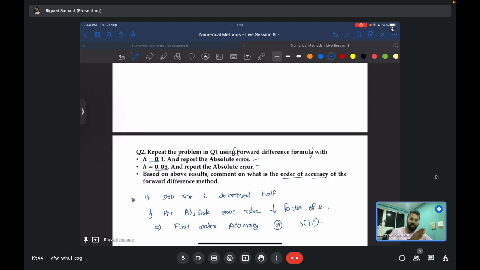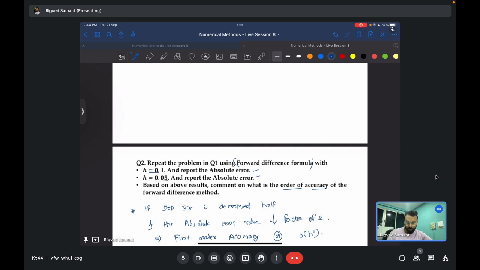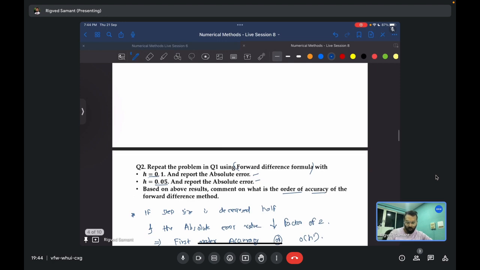If it's reducing by a factor of 4, you will say second order accuracy. If it's reducing by a factor of 8, you will say it's third order accuracy. So that's what he has told you to do. From 0.2, go to the step size of 0.1, that is half the step size, then again half, a step size of 0.05, and calculate the absolute error.